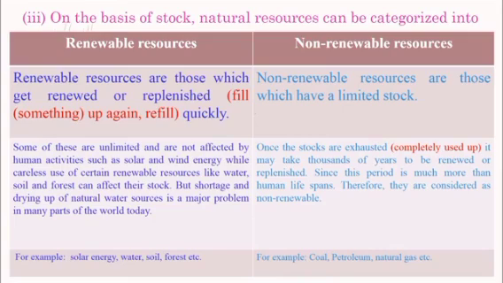The third one is on the basis of stock, natural resources can be categorized into two. The first one is renewable resources and the other one is non-renewable resources. Renewable resources are those which get renewed or replenished, which means fill something up again or refill quickly, whereas non-renewable resources are those which have a limited stock.